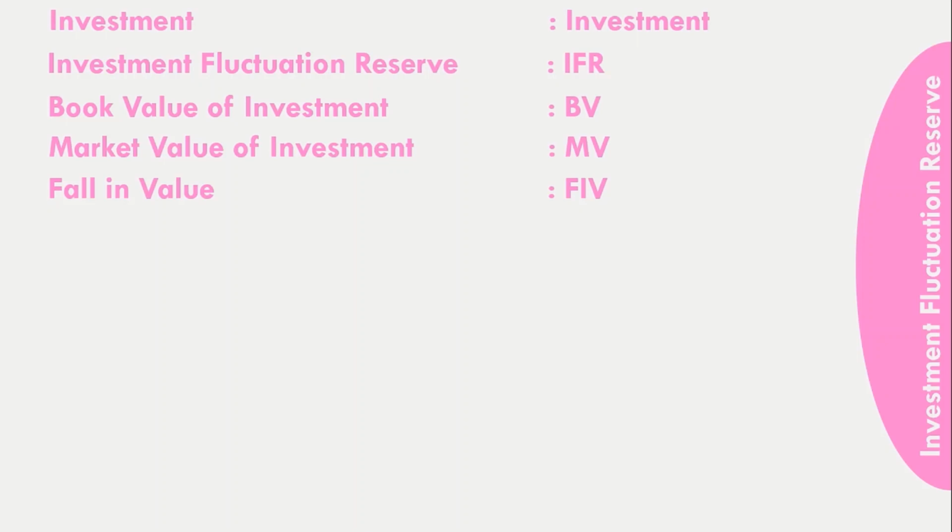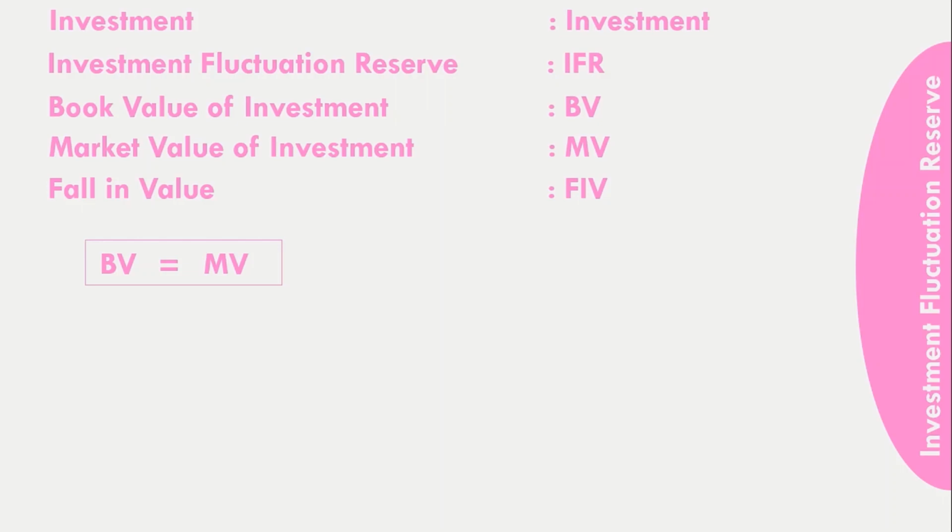So first we will compare book value and market value of investment, whether in the market the value of an investment has risen, has fallen down, or is the same. So if book value is equal to market value, which means we invested rupees 10,000, and in the market the value of those 10,000 is 10,000 only, then there is neither profit nor loss.